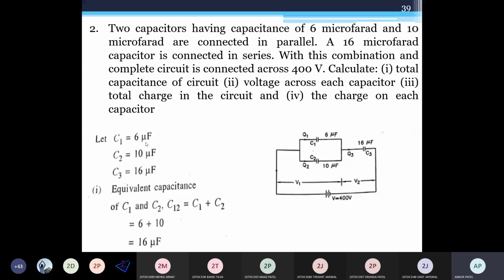So C1 is given 6 microfarad, C2 10, C3 16. Now equivalent capacitance of C1 and C2 parallel connections. So we have 16 microfarad. For this C1 and C2, this 16 and this 16 is in series.